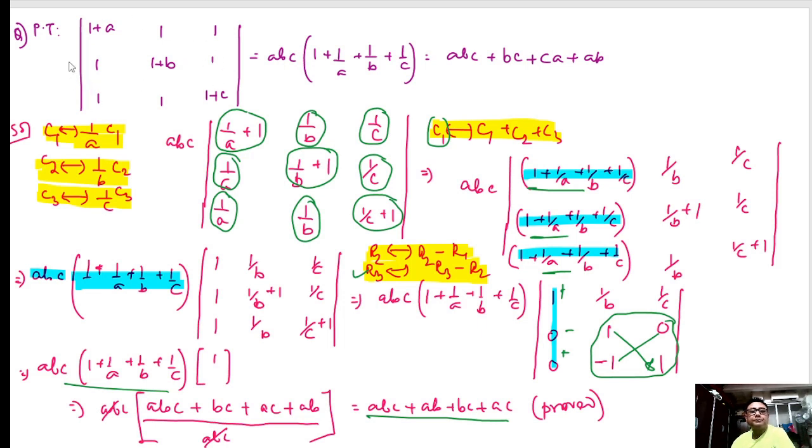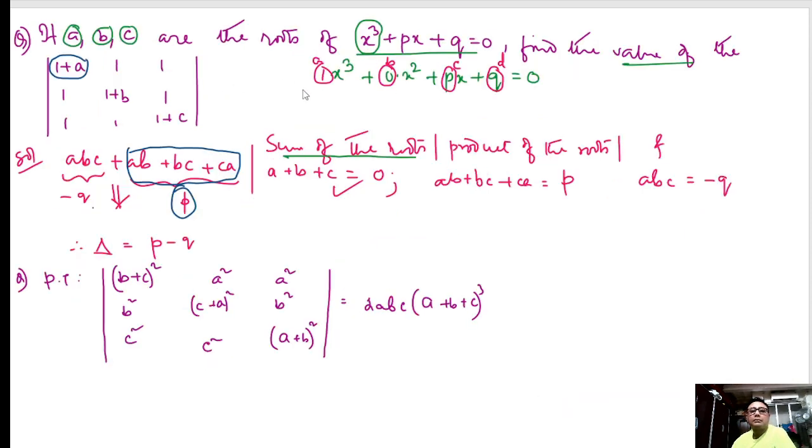Here is the sum and the answer came this. So we are taking the reference of this answer. And we know abc is minus q. This is plus q. Okay. So putting the values, we get p minus q.